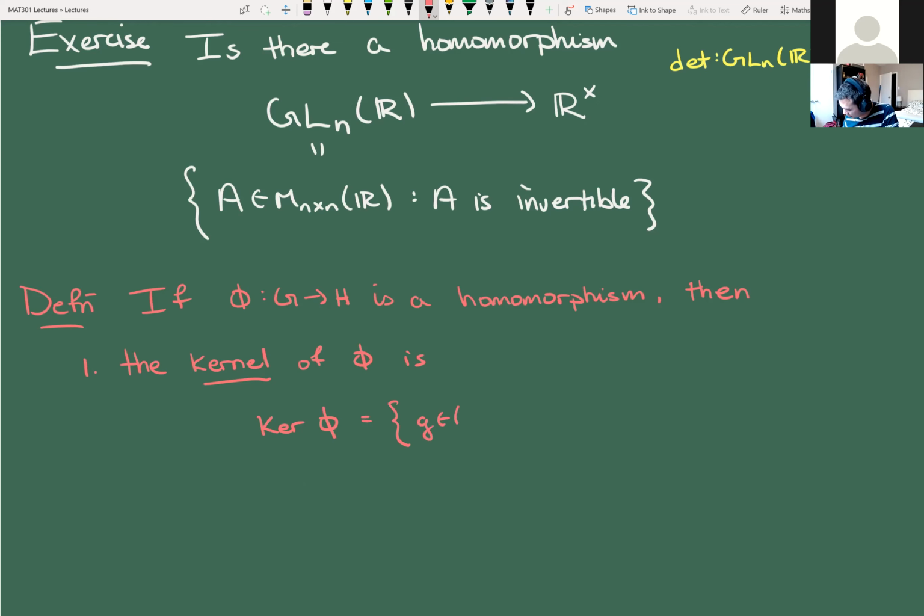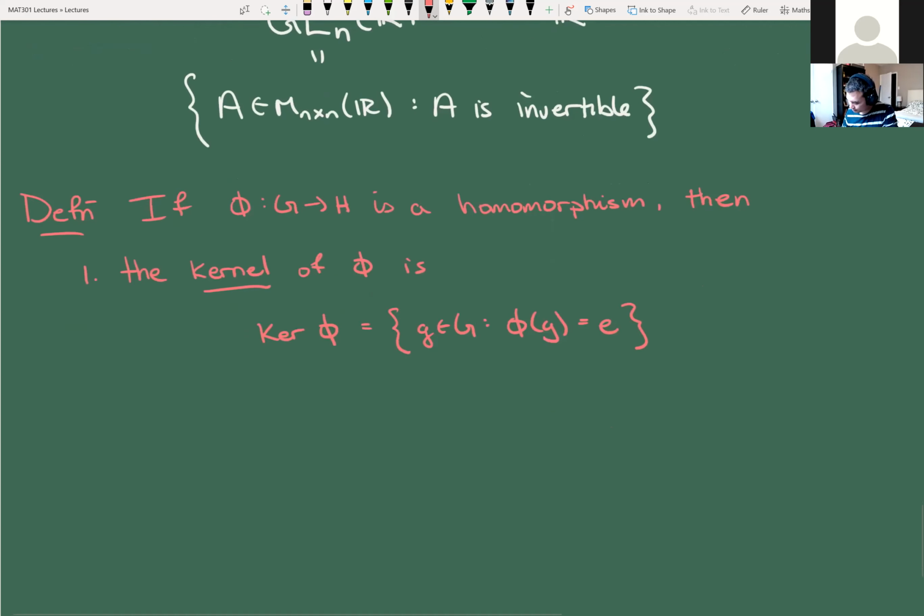It's the collection of all g such that phi of g is the identity. Again, that's pretty much the same definition as in linear algebra. In linear algebra, you say the kernel is the collection of all elements which map to 0. But remember, 0 is the identity in a vector space, right? So we're saying, what are all the things which map to the identity? Exact same sort of thing.